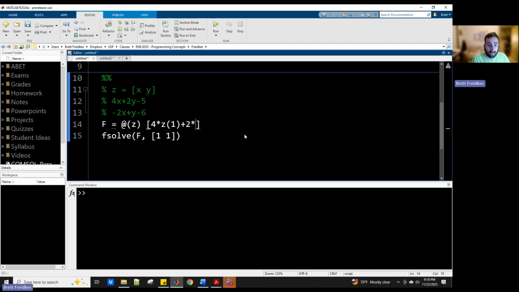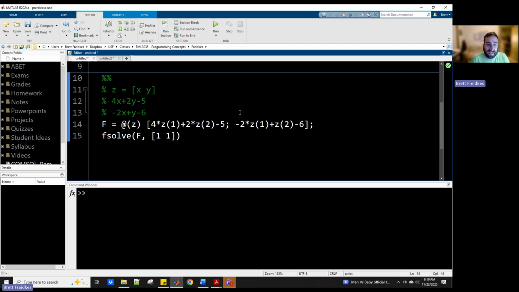Plus 2 times y. That is the second element in z, minus 5. So compare this to this and make sure that you understand why that's the case. If I have 4 times x plus 2 times y, the element that we're extracting depends on the element that we want. I will do the other one, which will be -2 times x, that's z1, plus z2 minus 6.